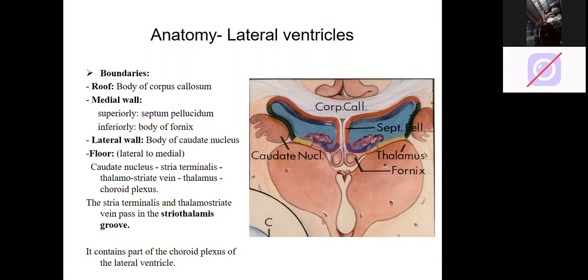The body contains the choroid plexus. The choroid plexus is generally located in the body of the lateral ventricle and the inferior horn, and is continuous with the third ventricle.